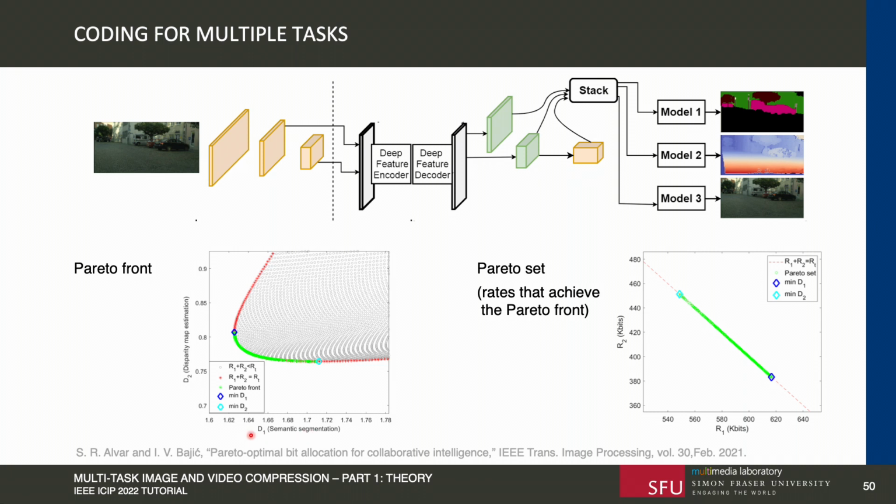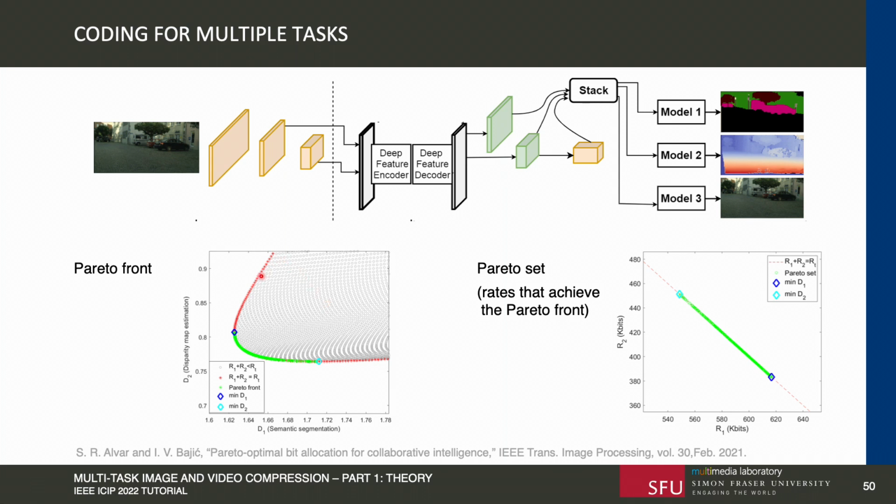So D1 corresponds to distortion of semantic segmentation, and D2 is the distortion for disparity estimation. Each of the gray points here is a point on the distortion plane that can be achieved by some allocation of bits between these two feature tensors, these two coding units.